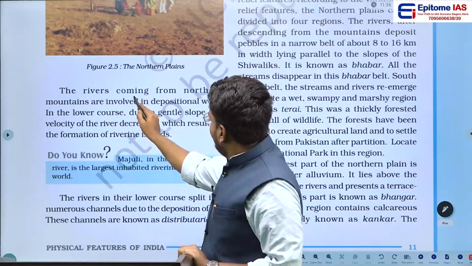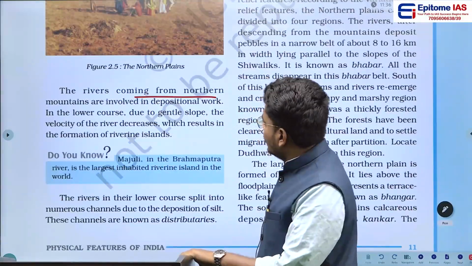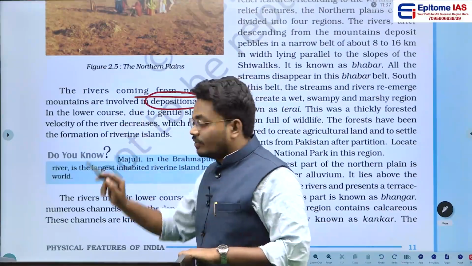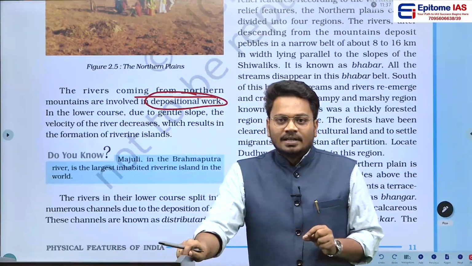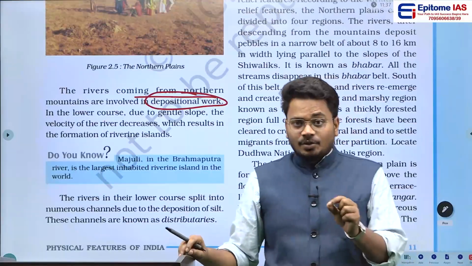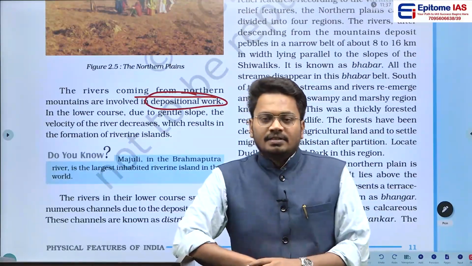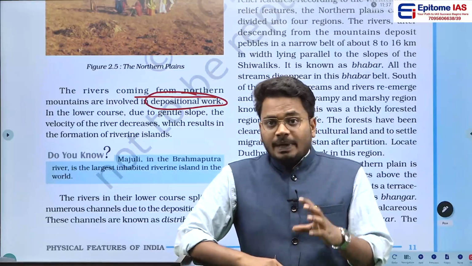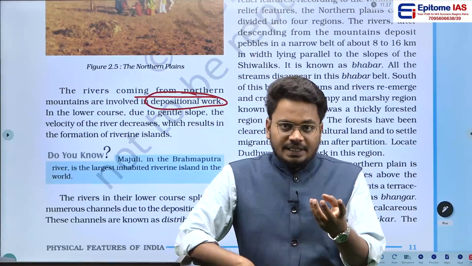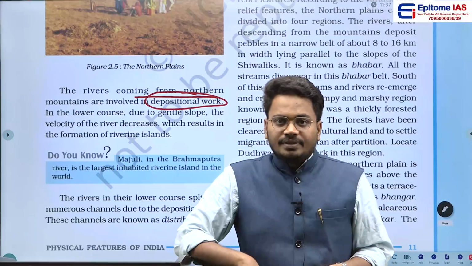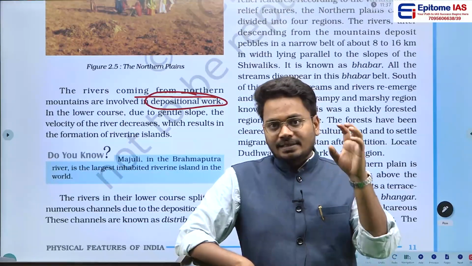Now, the rivers coming from the northern mountains are involved in depositional work. What is depositional work? This is a key term here. As I told you in the introduction slide, these plains are formed because of the deposition of the sediments brought by these rivers.